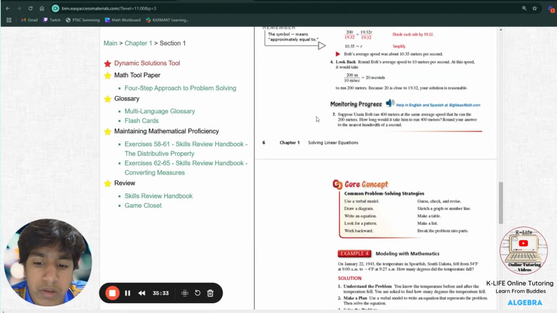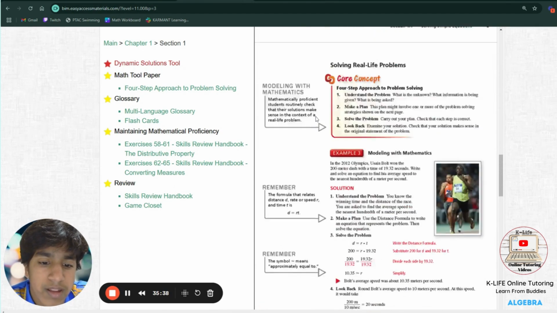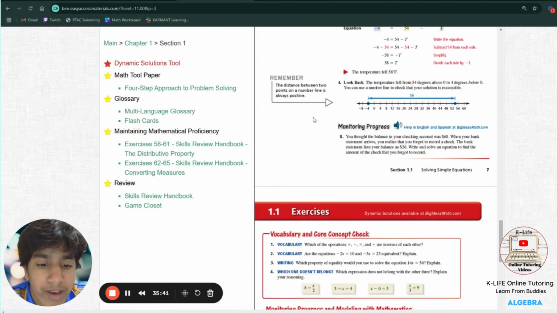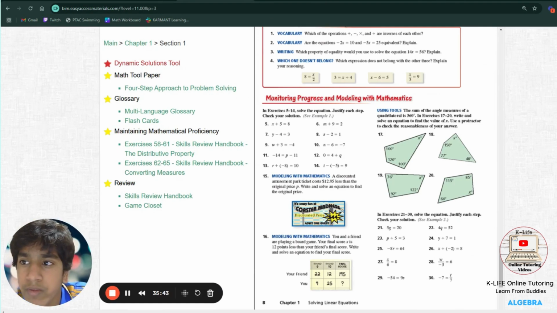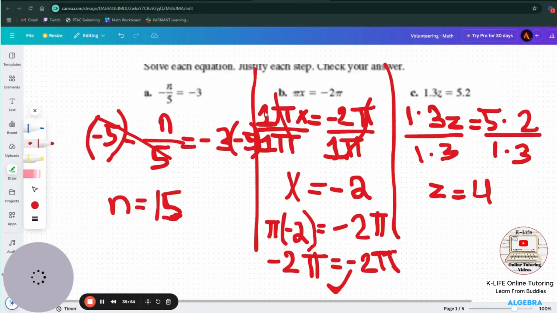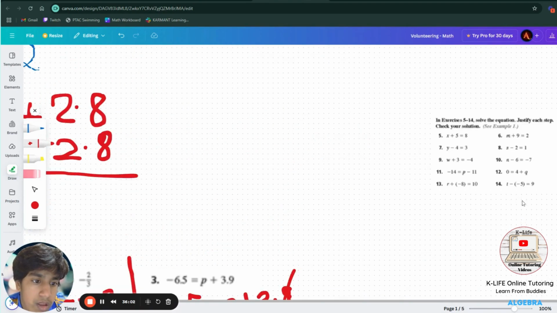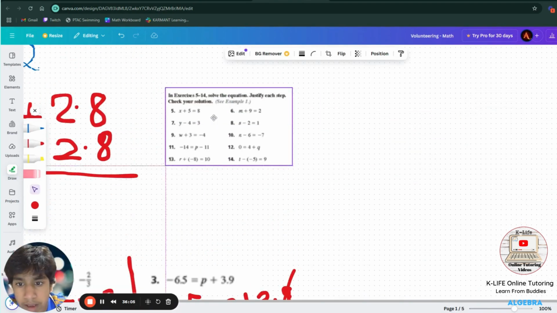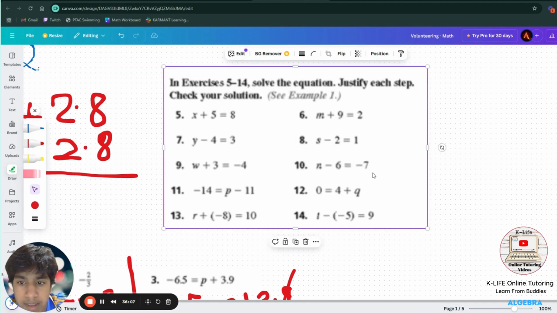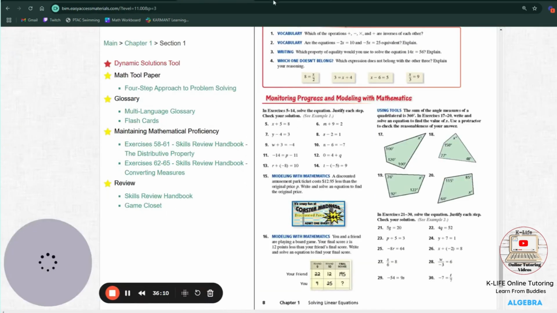And now, you know what, I'm going to give you guys some extra practice. For numbers 5 to 14, you can take a screenshot of this, or you can also access it in your free time.